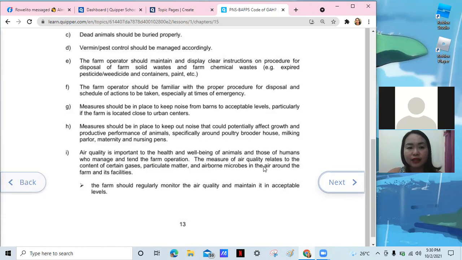So we should have taken measure for air quality, especially yung mga gases, no? And also particulate matter.